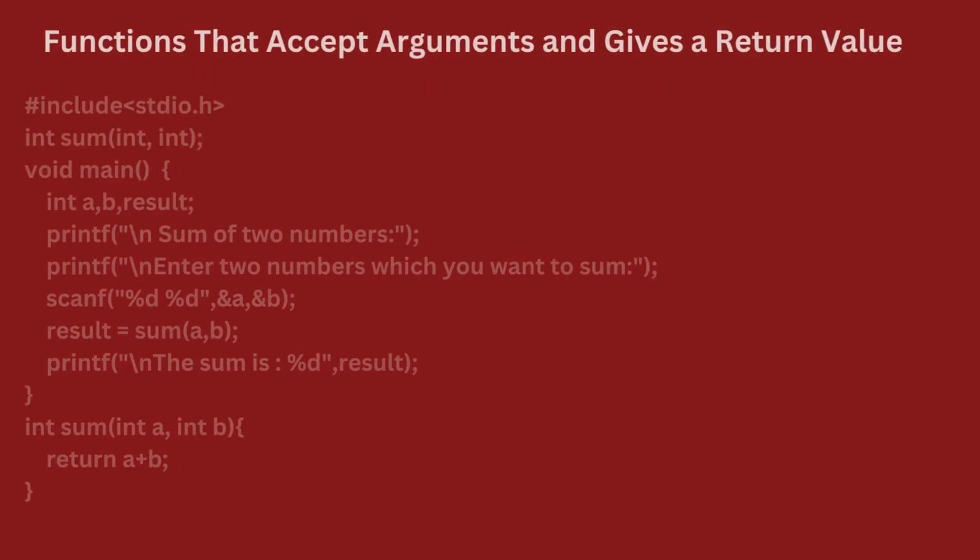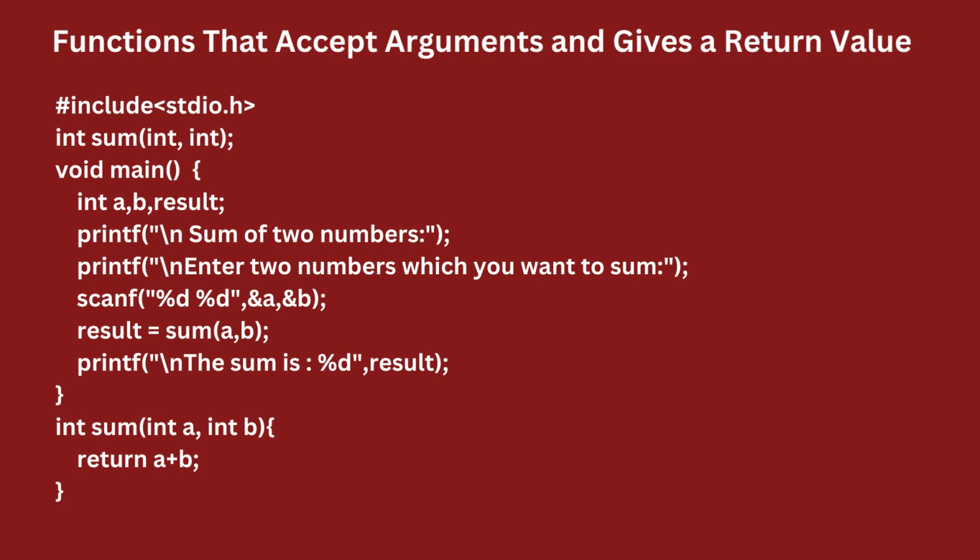The last way of calling a function is accept argument and give a return value. Same function, same program that we discussed in the previous slide, but what we are doing here is returning a value to the calling function.